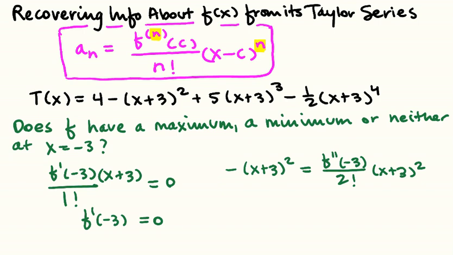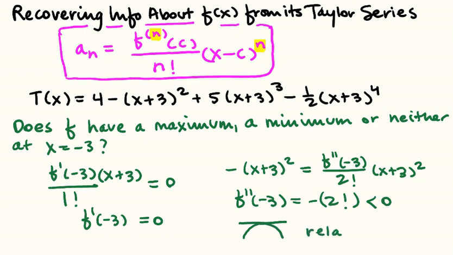Meaning that the second derivative of f at negative 3, if I multiply both sides by 2 and cancel off the x plus 3 squareds, would be the negative of 2 factorial, which is less than 0. So if we're flat and concave down, that means we're at a relative maximum. And that's all I got for you.